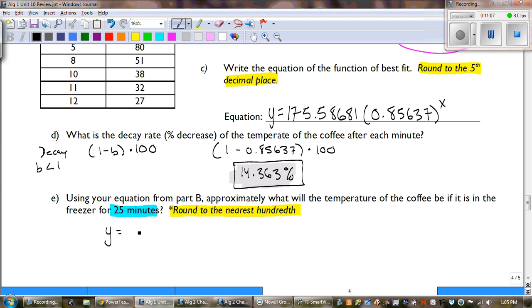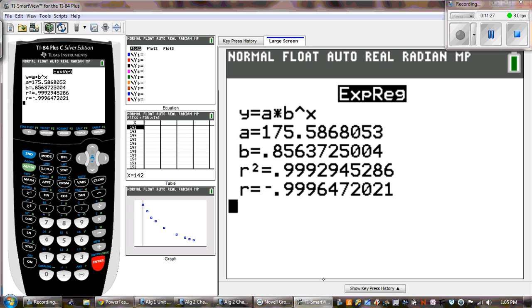So y equals 175.58681 times 0.85637 to the 25th, okay? Because that's what it's telling us to plug in. All right, so I'm going to do that on my calculator. You guys should be doing that too.